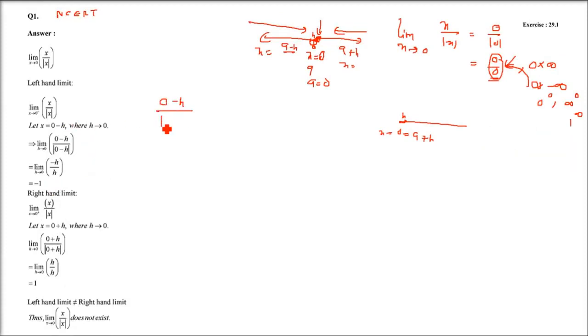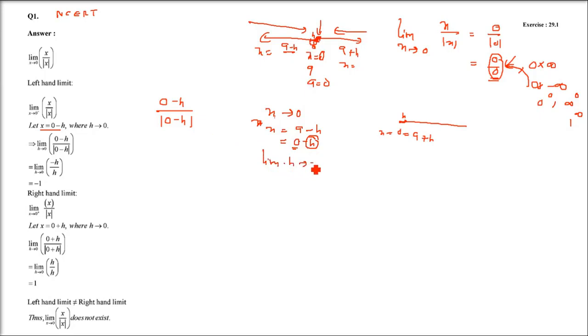So we have 0 minus h, mod of 0 minus h. x is tending towards 0, so a minus h is 0 minus h. We want this h to be as small as possible, so h tends to 0.